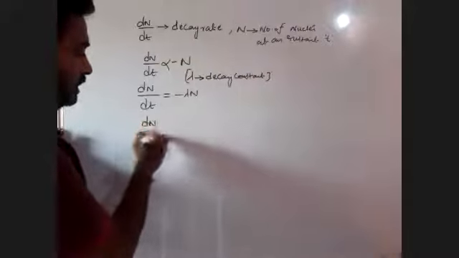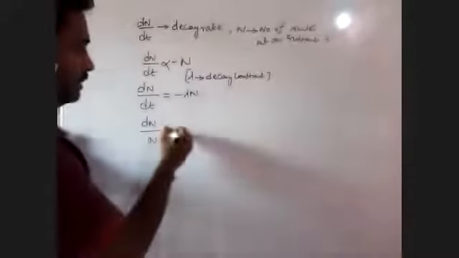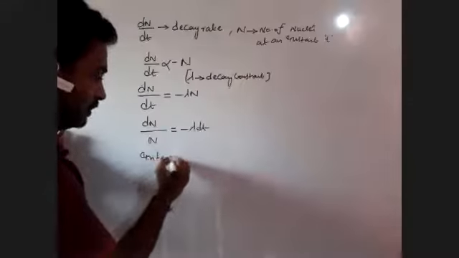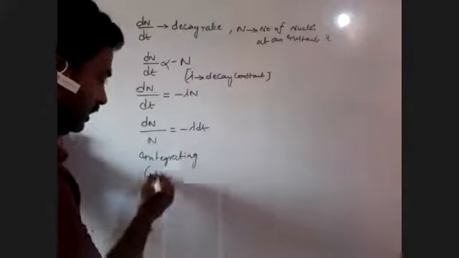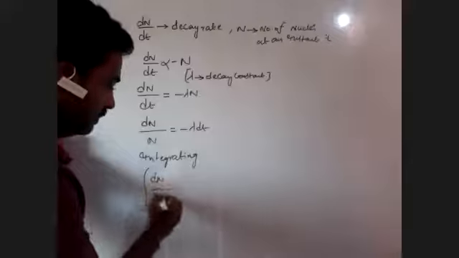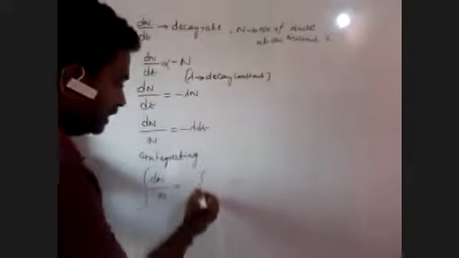Now rearranging the terms, I'll get dN by N is equal to minus lambda dt. Integrating on both the sides, integration of dN by N is equal to minus lambda dt.